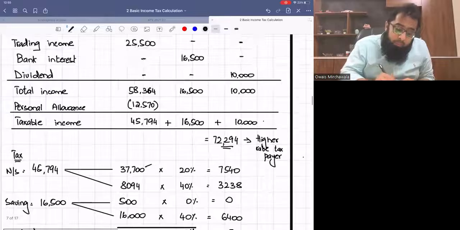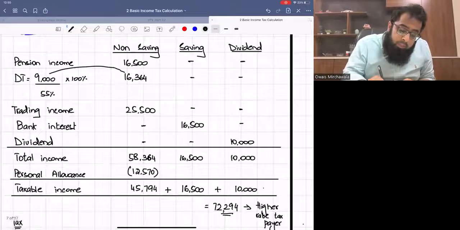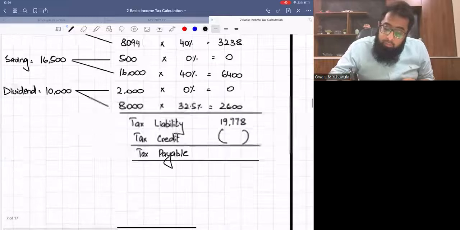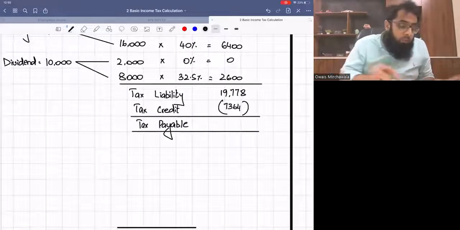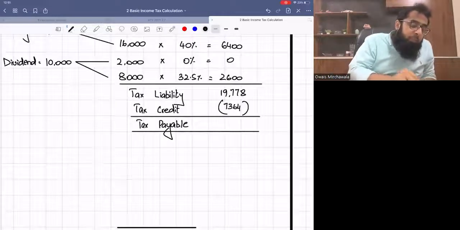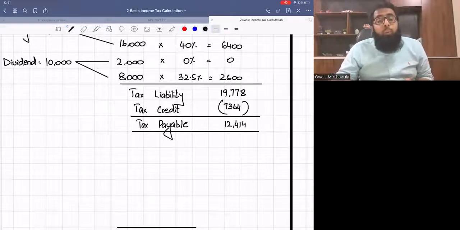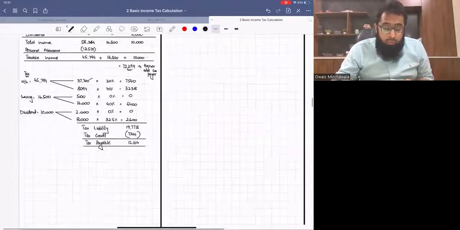Now the tax credit was only on the discretionary trust, which was 7364. So our tax payable will be 12414.